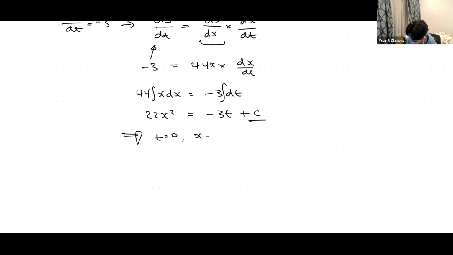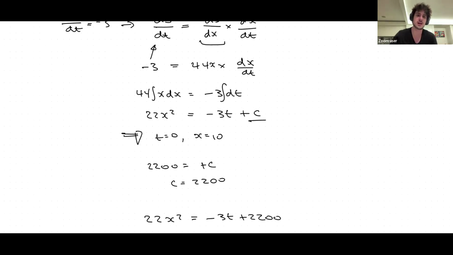So plugging that in, we'll get 100 times 22, so 2200 equals plus c. So c is just 2200, right? So then we're going to get 22x squared equals minus 3t plus 2200, like so.